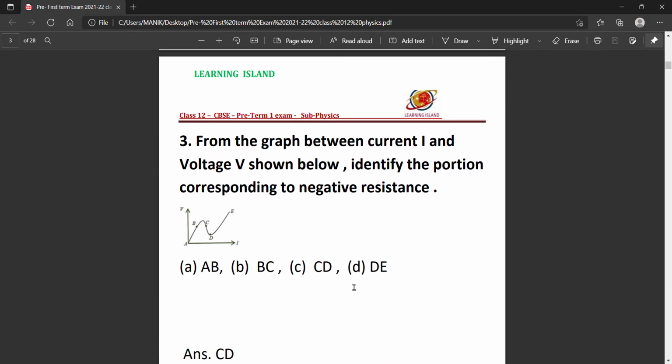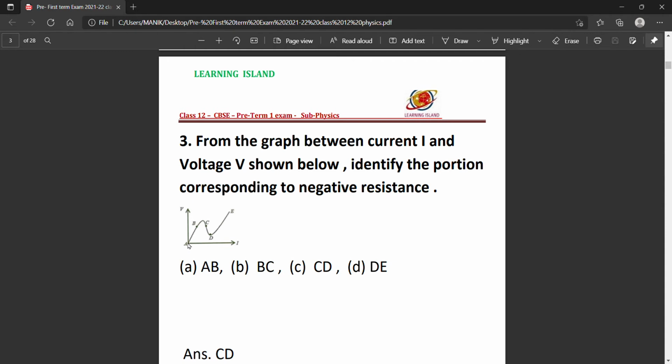Next question is, from the graph between current I and the voltage V shown below, identify the portion corresponding to negative resistance. Here you see in the picture there are four portions, A, B, C and D. As per Ohm's law, when the voltage increases, the current also increases in the same ratio.